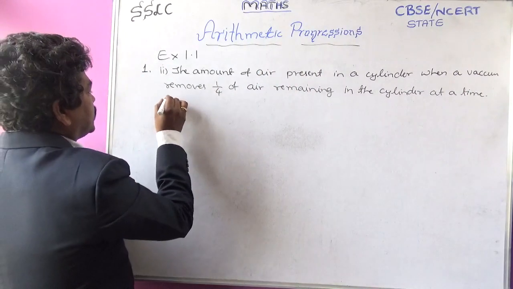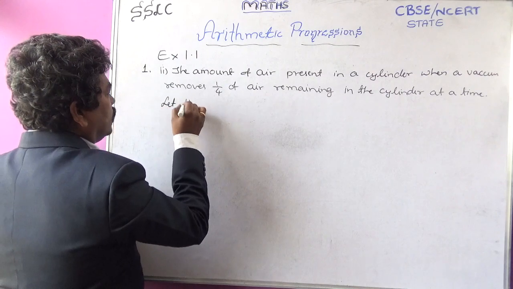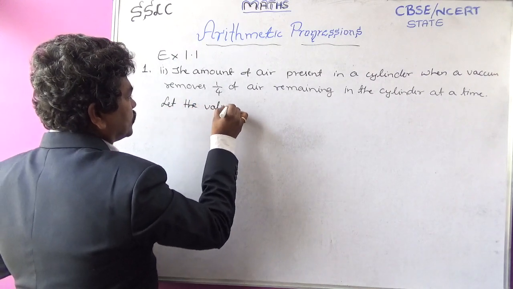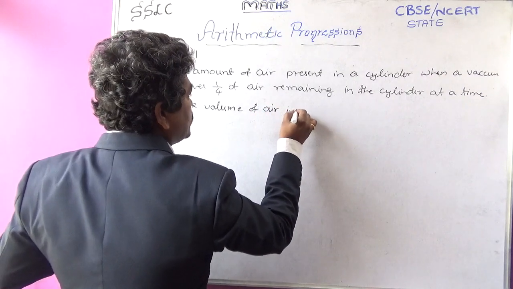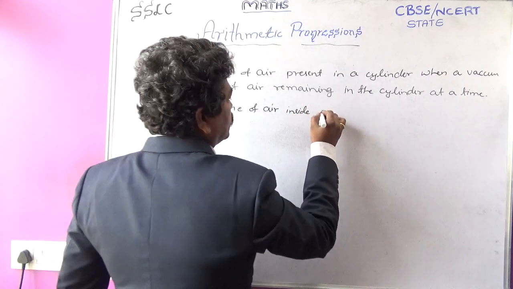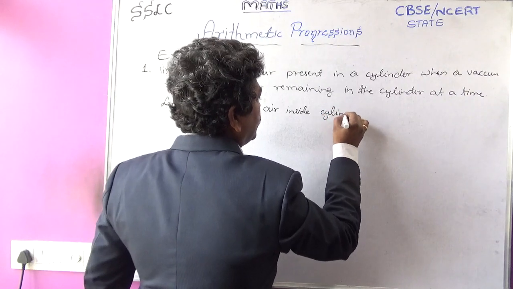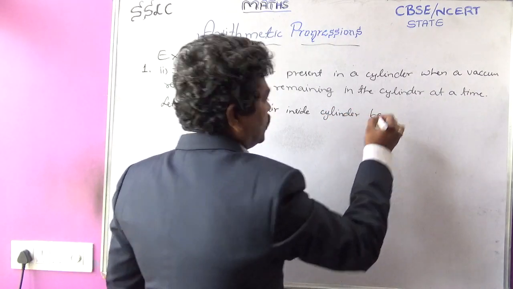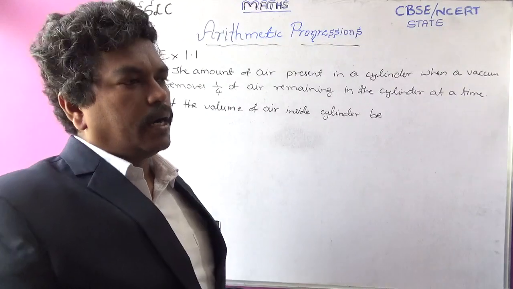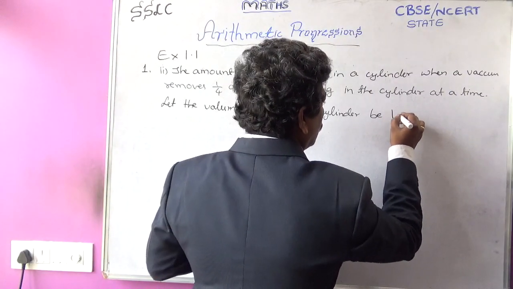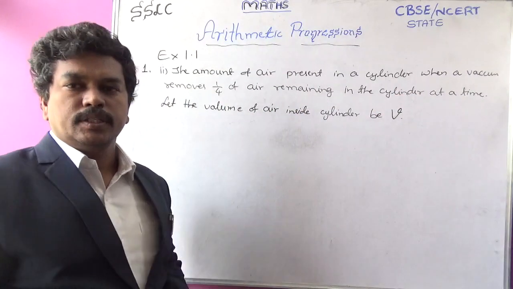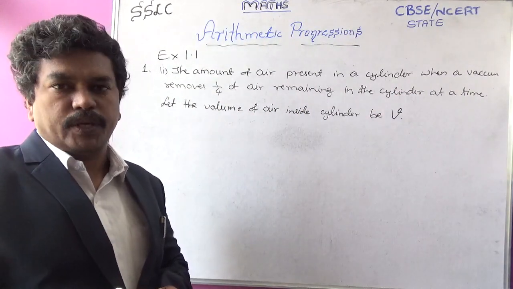So let the volume of air inside the cylinder be V. Here we consider the volume becomes V.